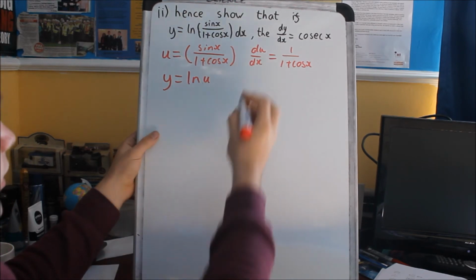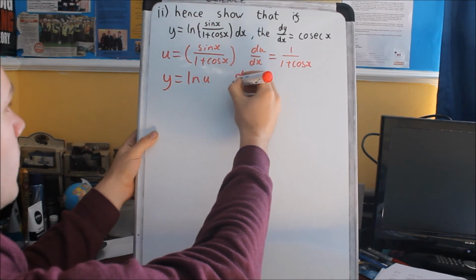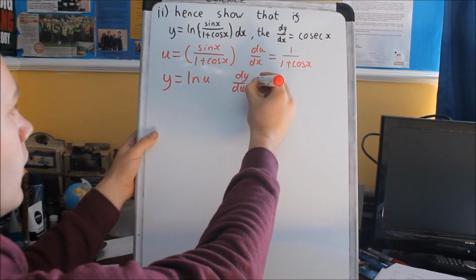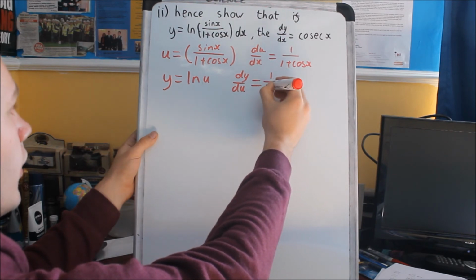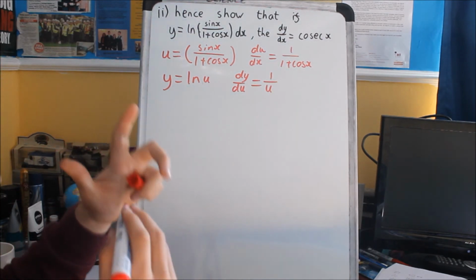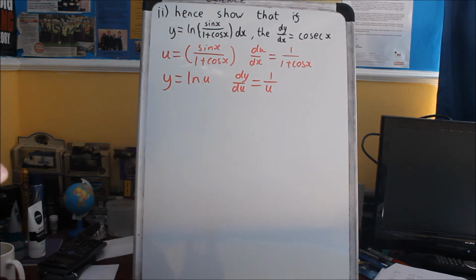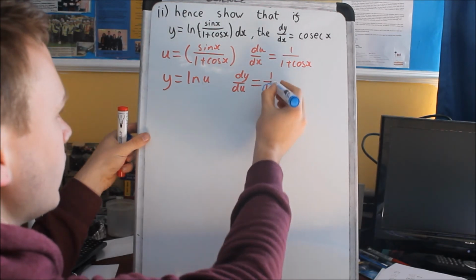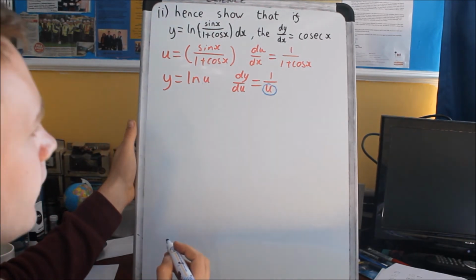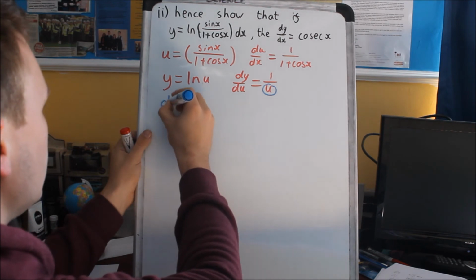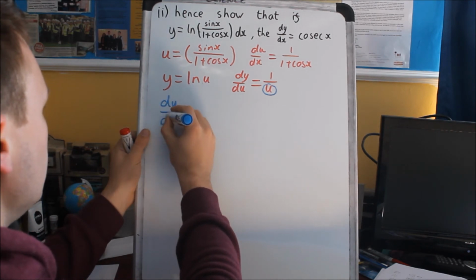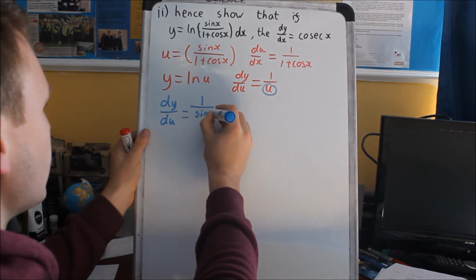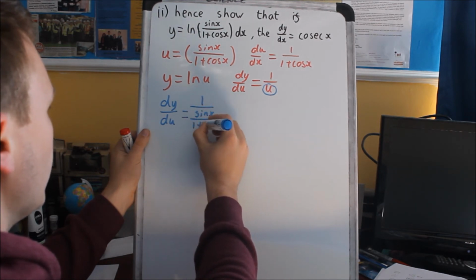So we can then find dy by du would equal 1 over u rather than 1 over x like normal, because it's in terms of u at the minute. Now if we then put what u equals back into this, we can say that dy by du equals 1 over sin x over 1 plus cos x.